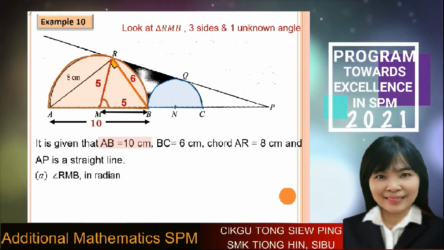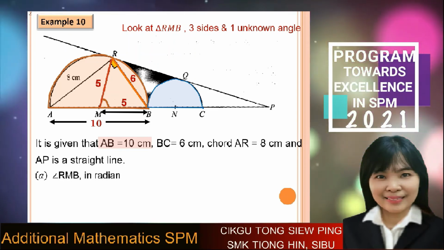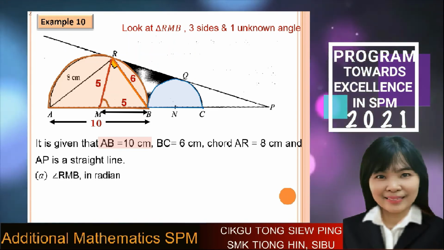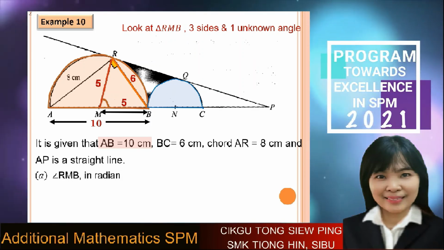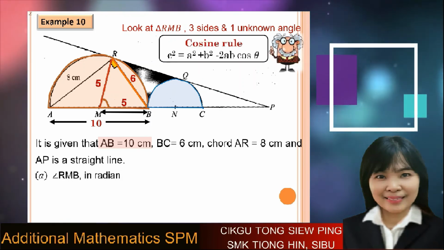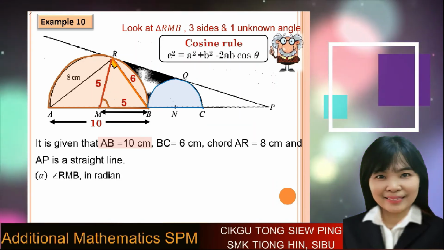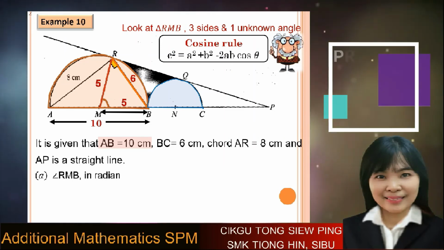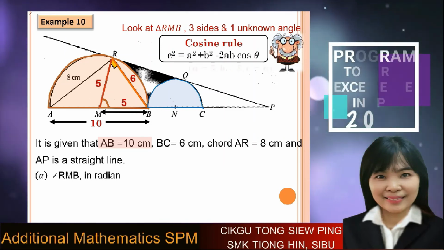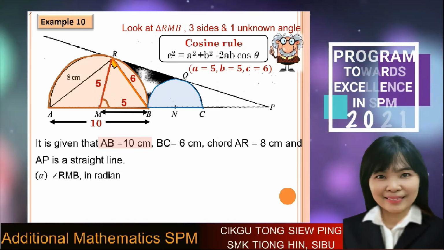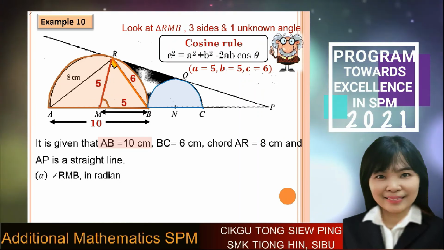Now look at triangle RMB. We have 3 sides and 1 unknown angle. We can use what we have learned in solution of triangles, that is the cosine rule: c squared is equal to a squared plus b squared minus 2ab cos theta. For triangle RMB, a is equal to 5, b is equal to 5, c is equal to 6.